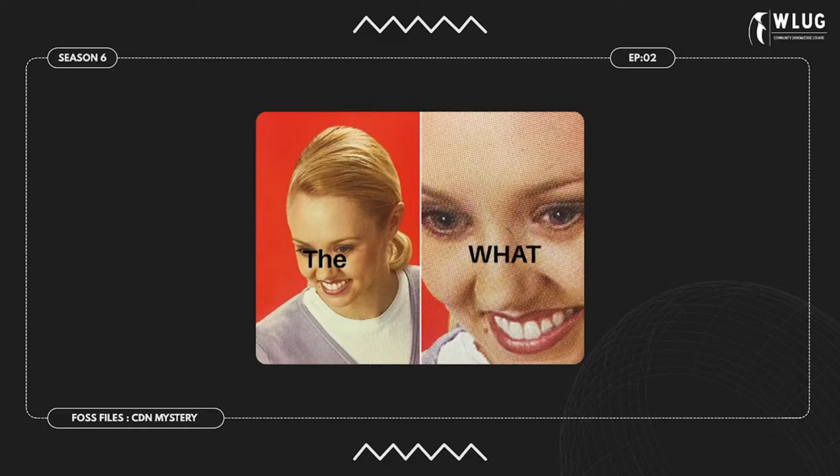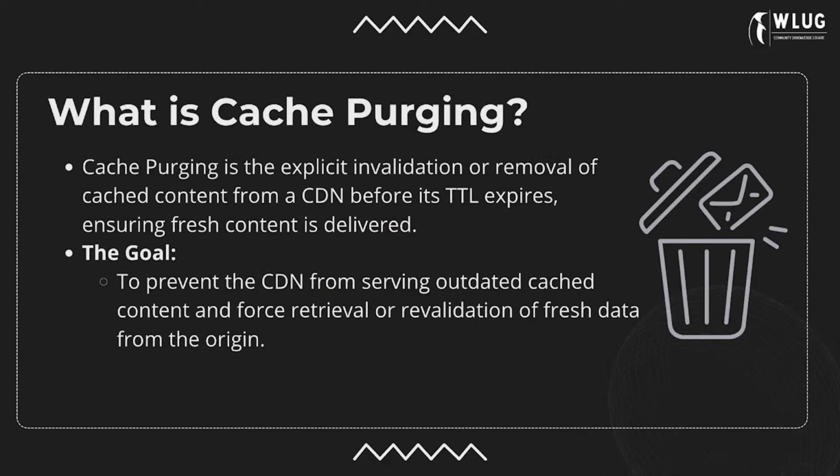Okay, so we saw why we need it. So now we'll see the what. That is what actually is content purging. So content purging is the explicit invalidation or removal of cached content from CDN before its TTL expires.